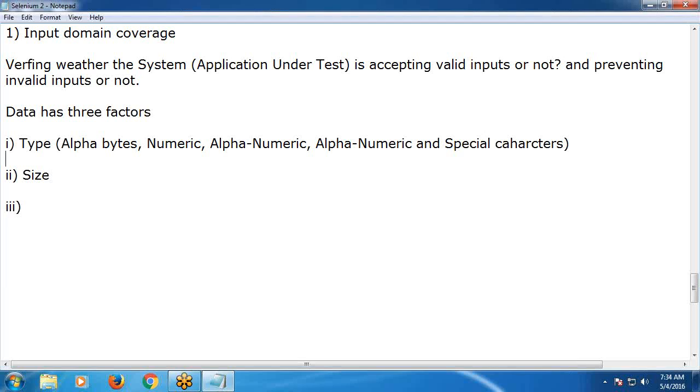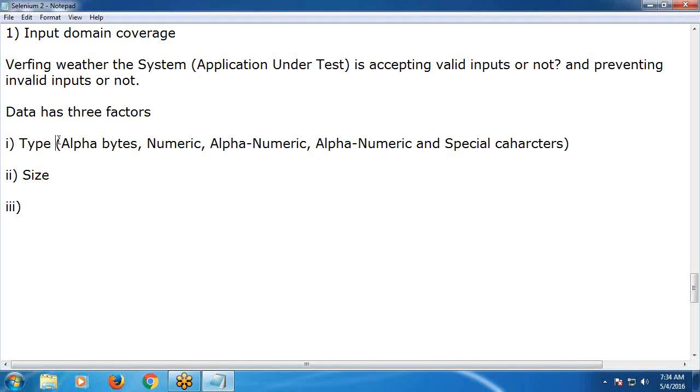If it is technical classification, if you take any programming language or scripting language, the classification is character type, integer type, double type, boolean, meaning logical result, etc. Anyhow, that I will explain in the Java module.